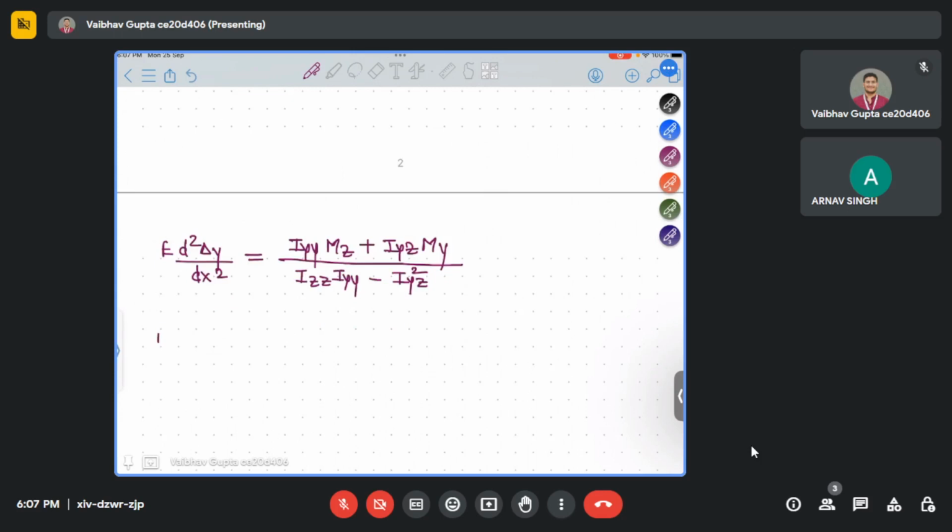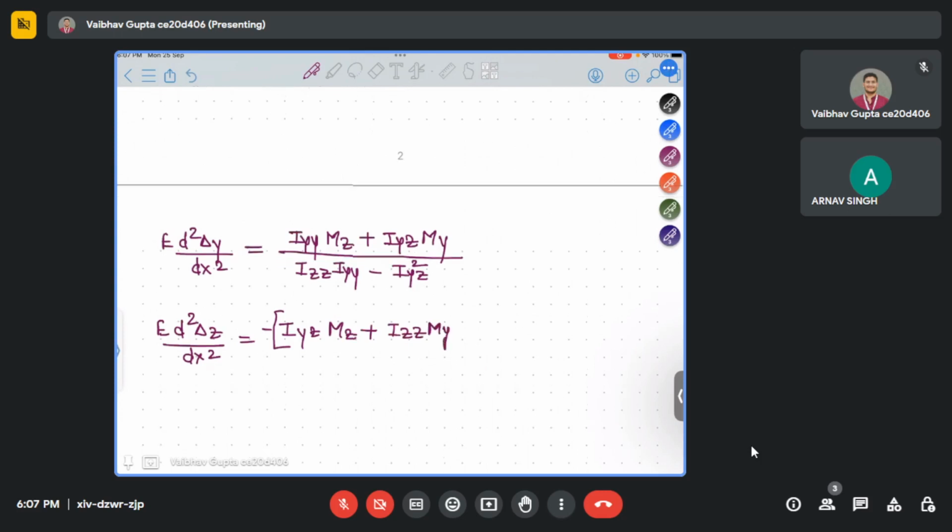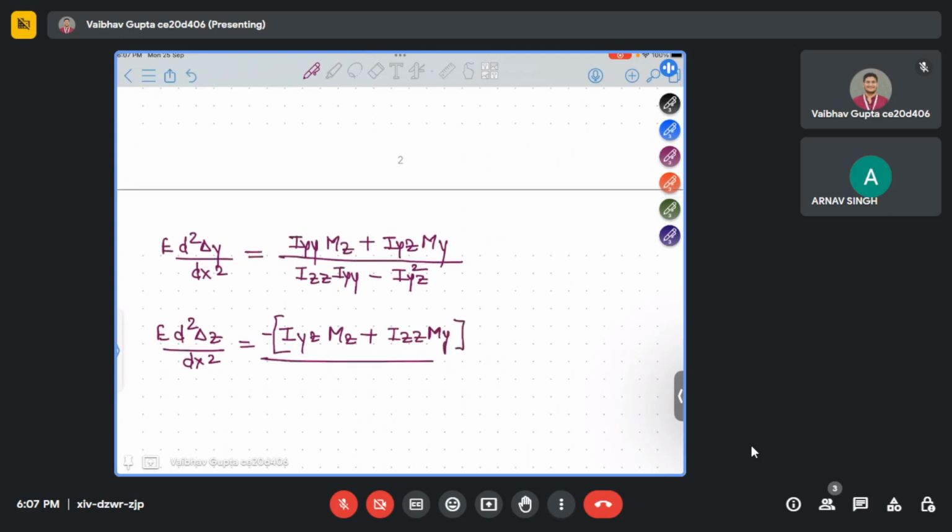To calculate the deflection in the z direction, the formula is E d2 delta z by dx square equal to (Iyz Mz plus Izz My) by (Izz Iyy minus Iyz square).